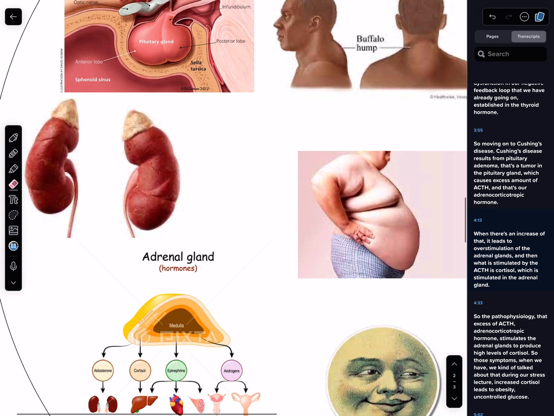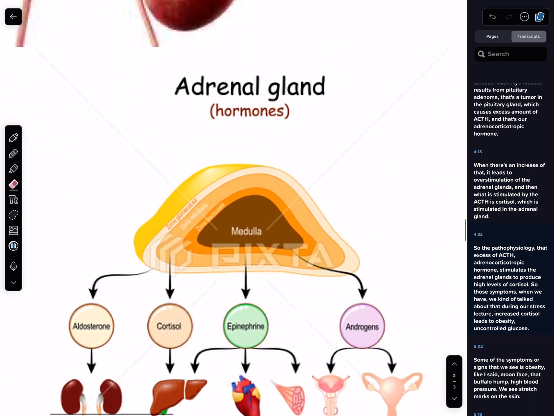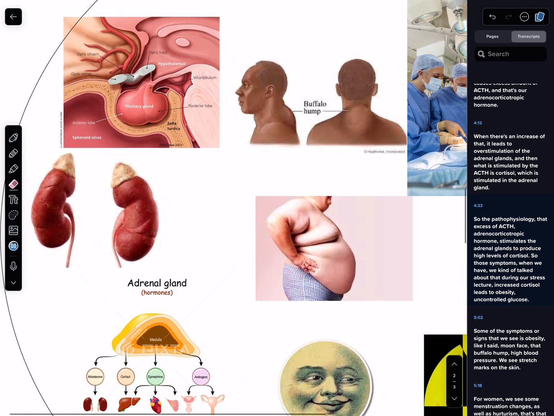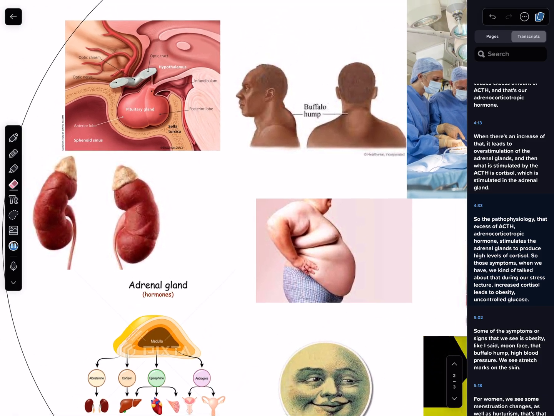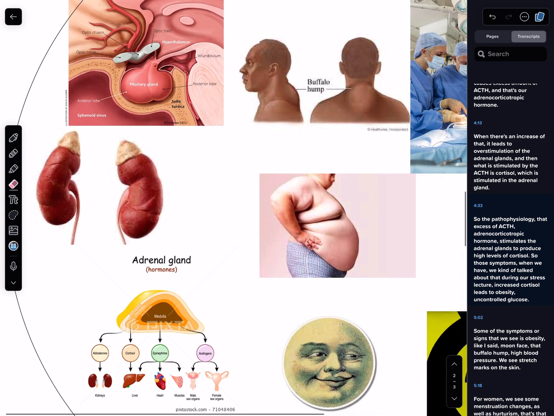What is stimulated by the ACTH is cortisol, which is produced in the adrenal gland. So the pathophysiology, that excess of ACTH, adrenocorticotropic hormone, stimulates the adrenal glands to produce high levels of cortisol.